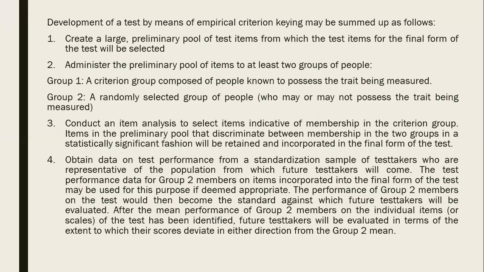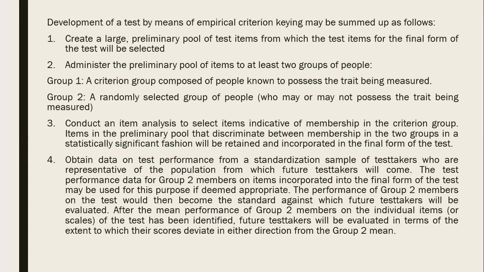So development of a test by means of empirical criterion keying may be summed up as follows. First, create a large preliminary pool of test items from which the test items for the final form of the test will be selected. Second, administer the preliminary pool of items to at least two groups of people.